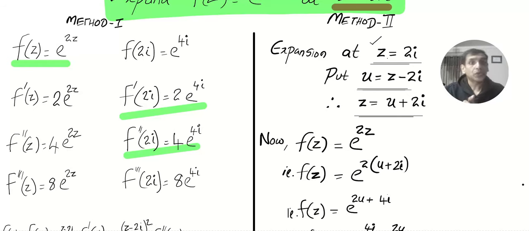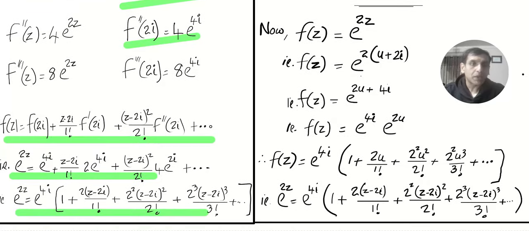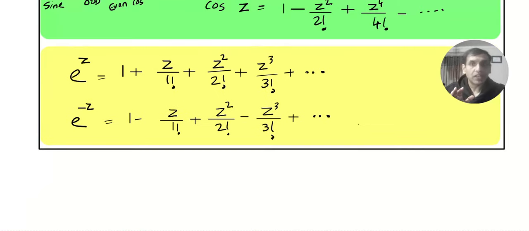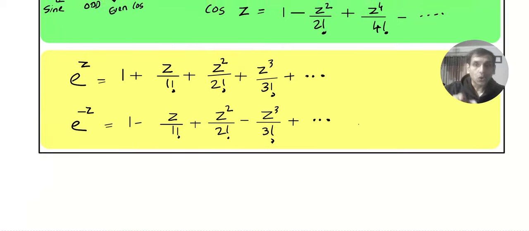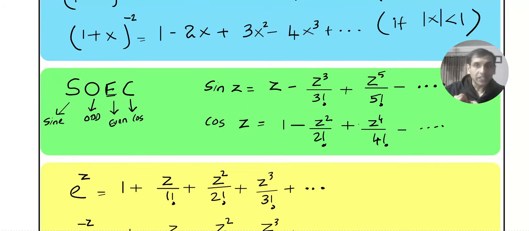Take this 2i or whatever be the number to the left and call it u. Find the value of z in terms of u and plug it into the function. Simplify, simplify, simplify. You can be 100% sure you will be forced to use one of the yellow, green or blue.